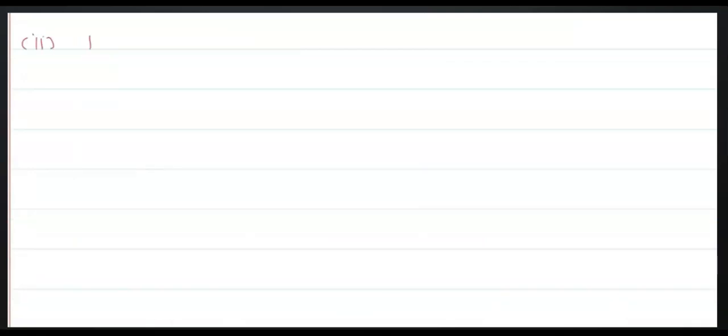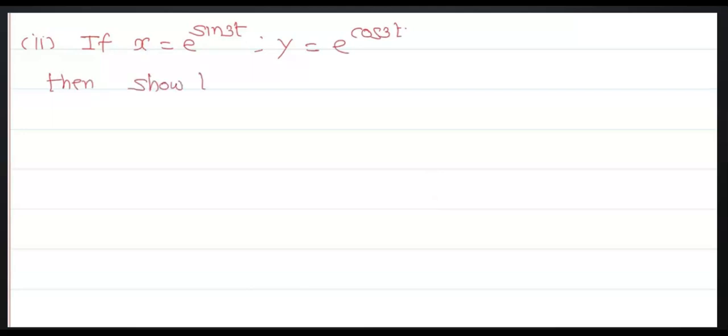Second, if x is equal to e raised to sine 3t, y is equal to e raised to cos of 3t, then show that dy by dx is equal to minus y log x upon x log of y.